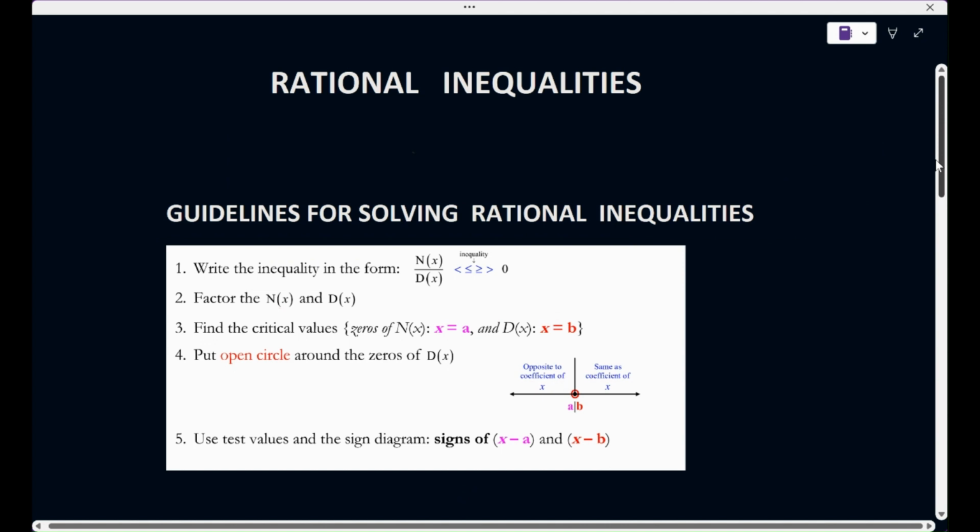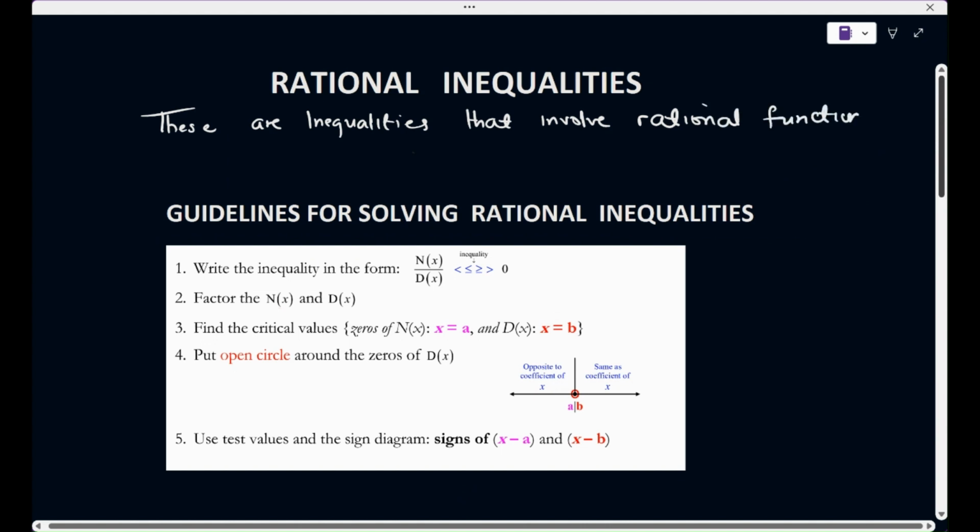Rational inequalities are inequalities that involve rational functions. And what do I mean by a rational function?